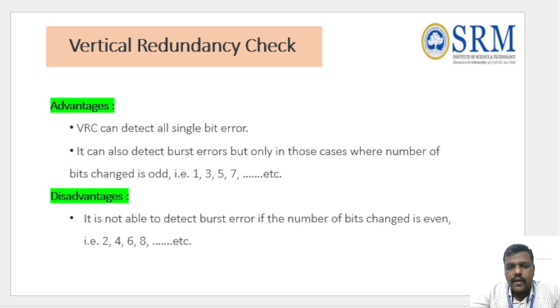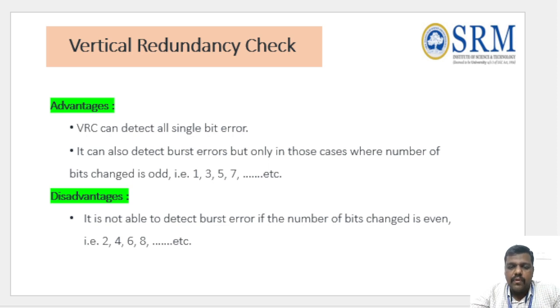Even though we say it finds a single bit error, it will also detect burst errors, when the number of bits changed is odd: 1, 3, 5, 7. It is very efficient at finding a single bit error. If 1 is changed to 0, or 0 is changed to 1, it will easily identify it.